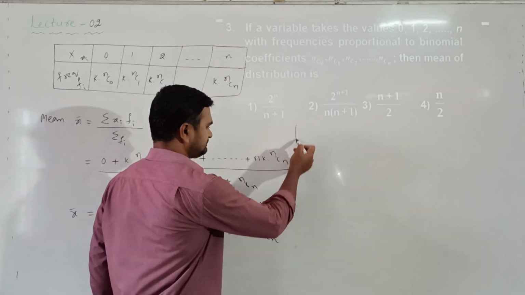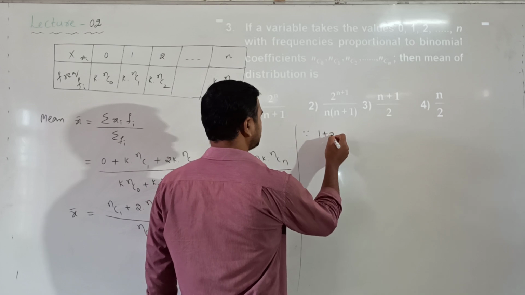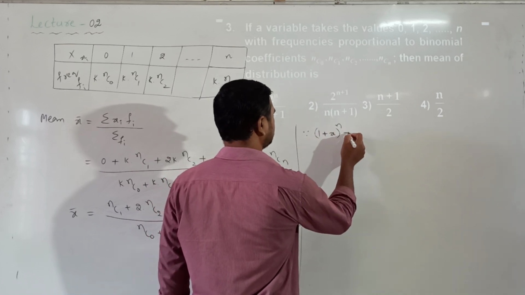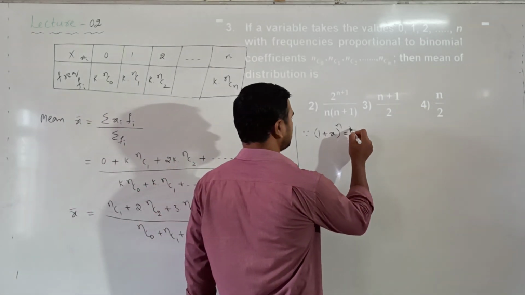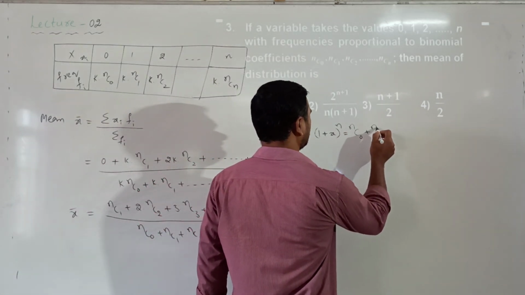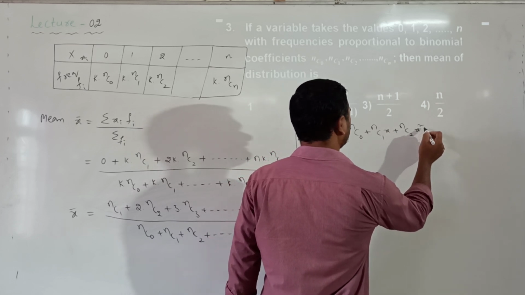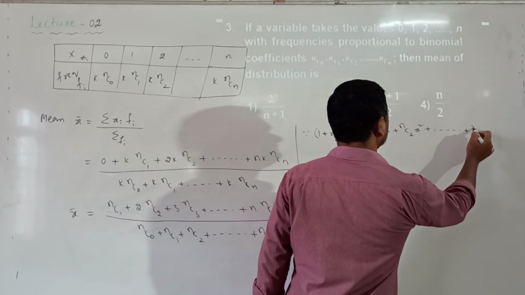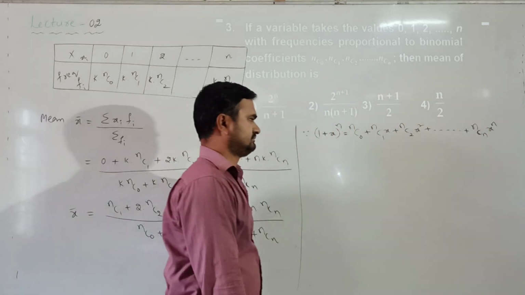Now let us see. We know the expansion for (1 plus x) whole power n. What is the expansion? It is nC0 plus nC1 into x plus nC2 x square and so on up to nCn into x power n.